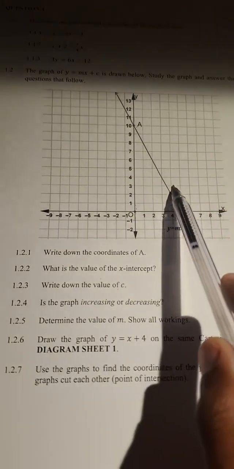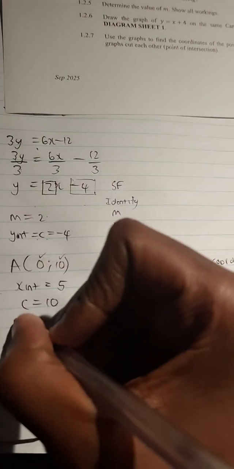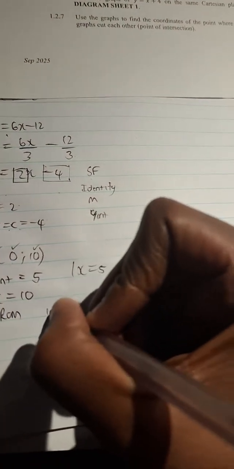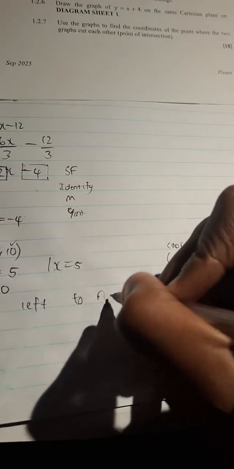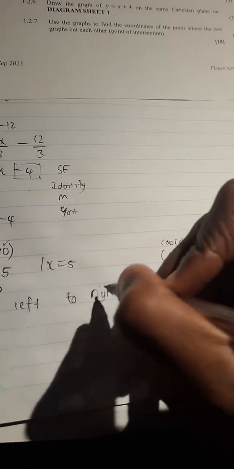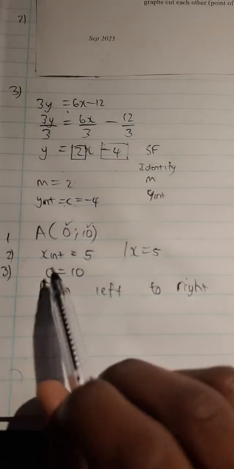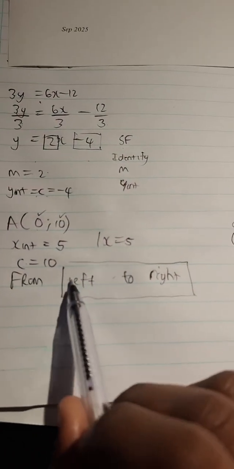It's going down. Please, guys, as you move from left to right, we need to look at the graph from left to right. Then we need to decide what's happening from left to right. Whenever you have to comment on whether a graph is increasing or decreasing, you look at the graph from left to right.